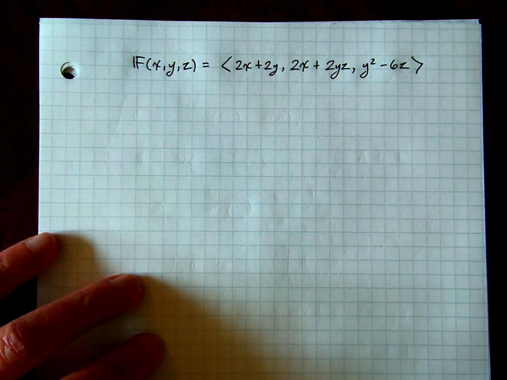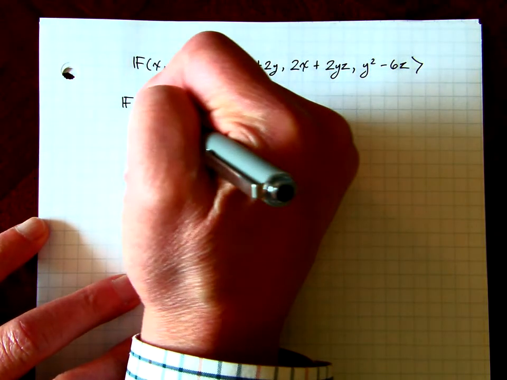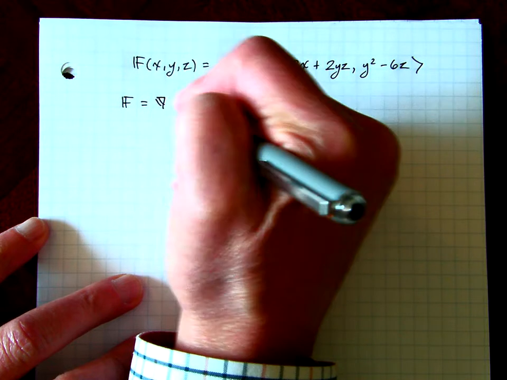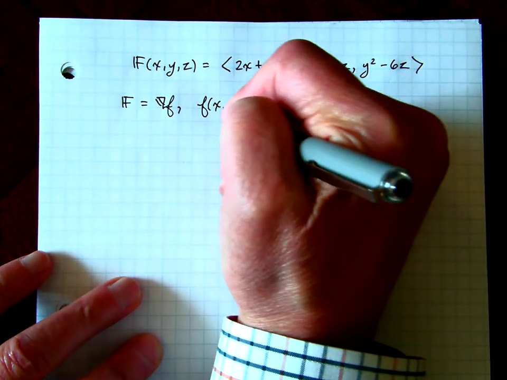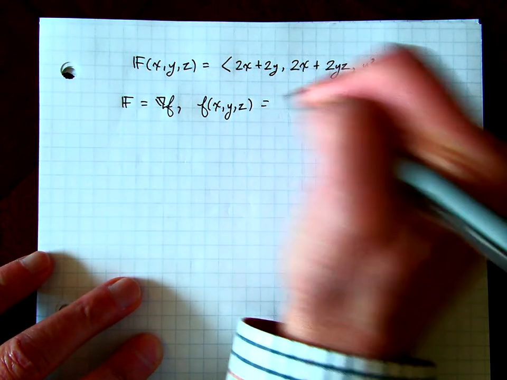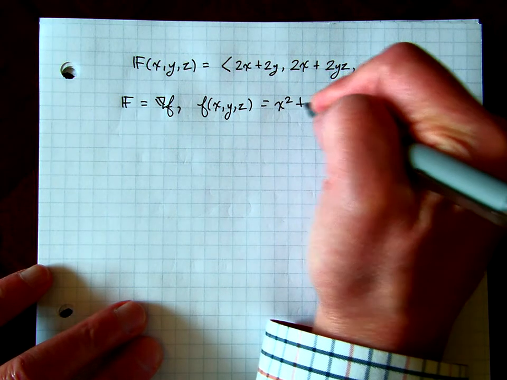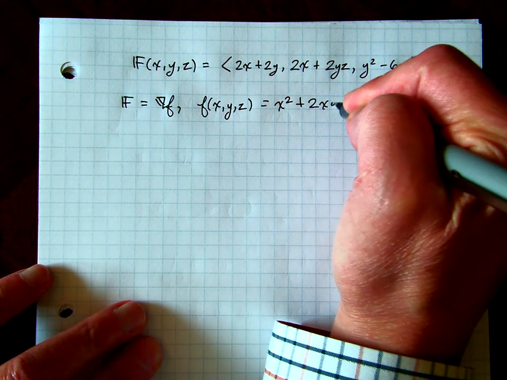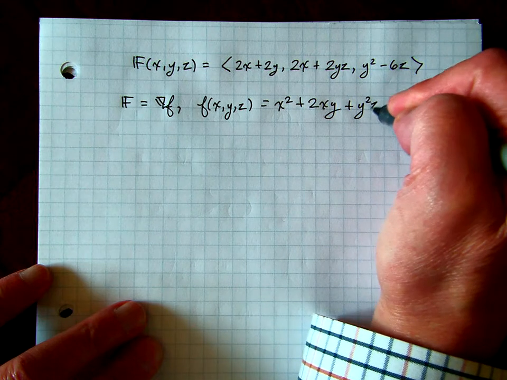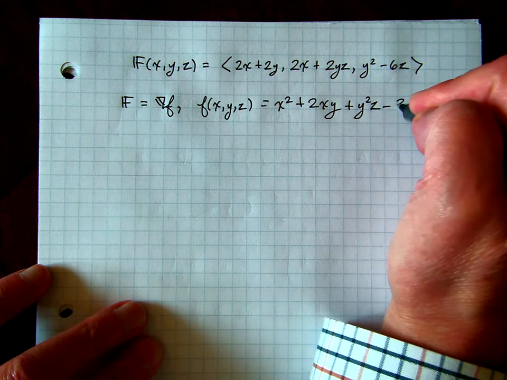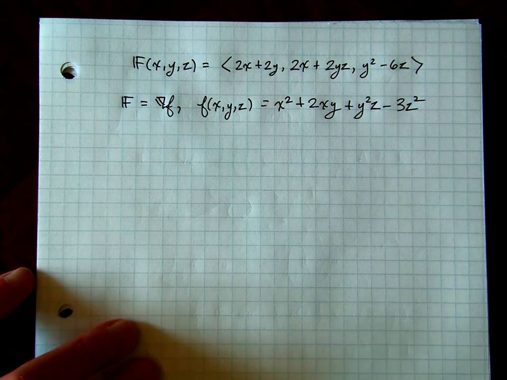Now, as you may recall, we found out that f equals the gradient of f, where f of x, y, z, our potential function, turned out to be x squared plus 2xy plus y squared z minus 3z squared. Let's hang on to that for a moment, okay?